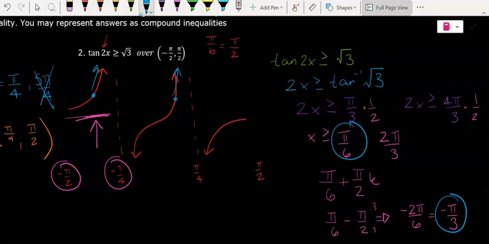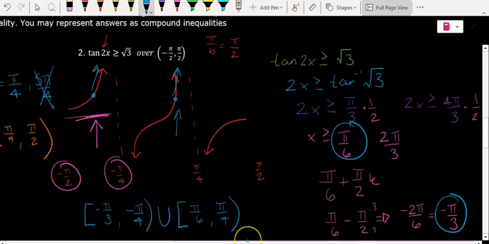So from my interval notation, it's going to be -pi over 3, and that's going to go to -pi over 4 because that's my asymptote, union, and then I'm going to pick back up again over here at this part right here, and that's going to be pi over 6 to pi over 4 because, again, that's my asymptote. So that's going to end up getting me my answer right there, okay? So again, from -pi over 3 to -pi over 4 is going to be right here, and then pi over 6 to pi over 4 is going to be right here.